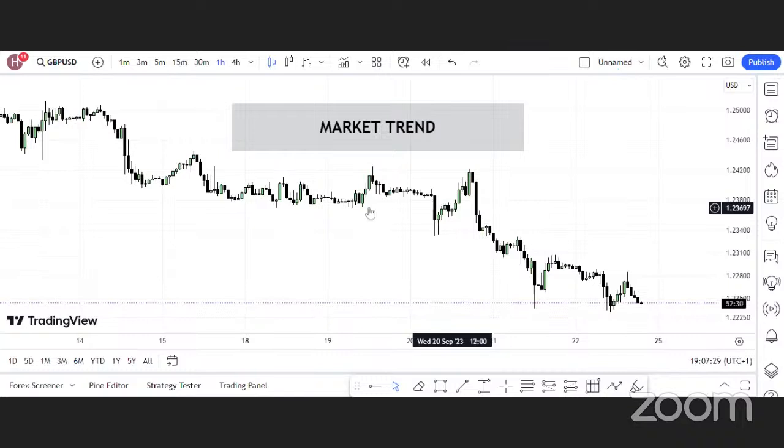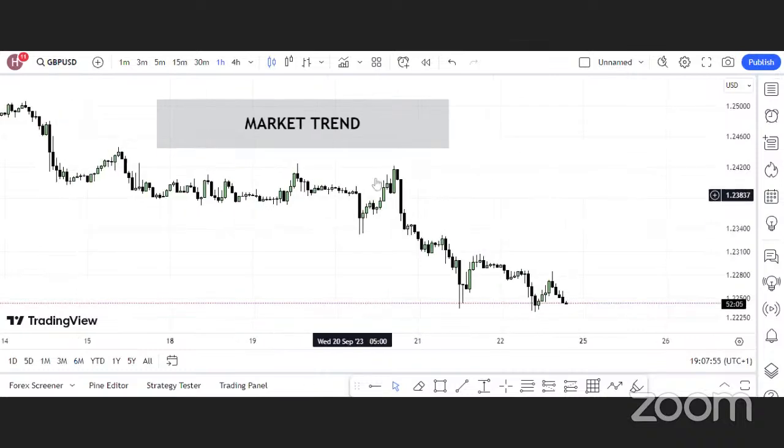If you know this market is going to go down, then you'll be looking for a sell opportunity. But if after confirming the trend, it is telling you that the market is bullish, that means the market is going up, then you want to focus on buying trades only. And then we have two types of trend.